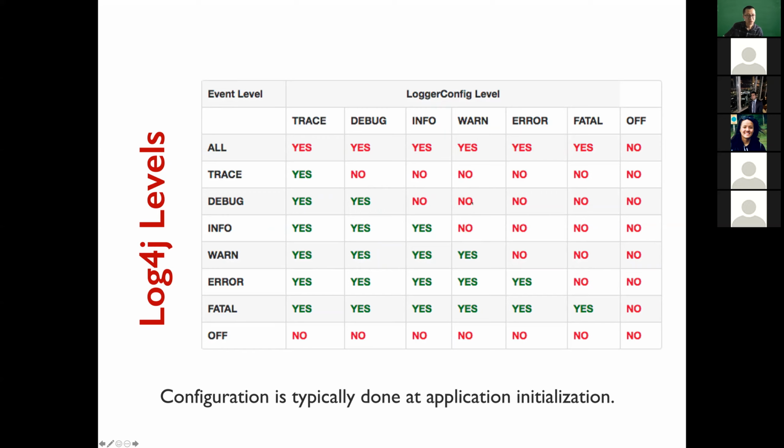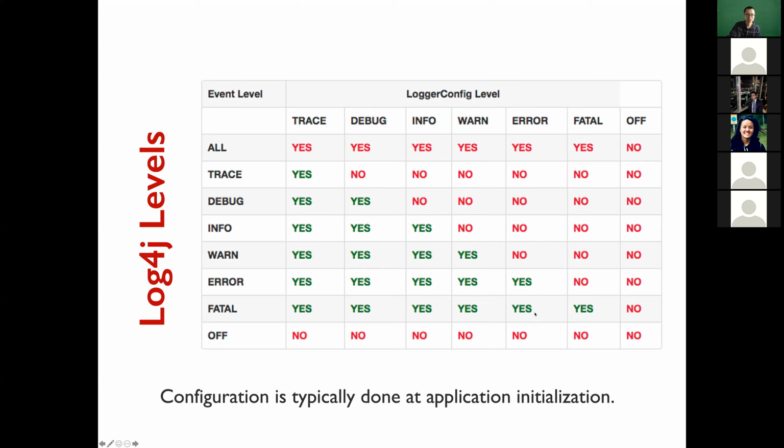For example, if we configure the log level as info, as in our coding example, then all the logging statements with the info level or higher levels, such as warn, error, and fatal will be output. If we configure the log level as error, then only the logging statements with the level error and fatal will be output.